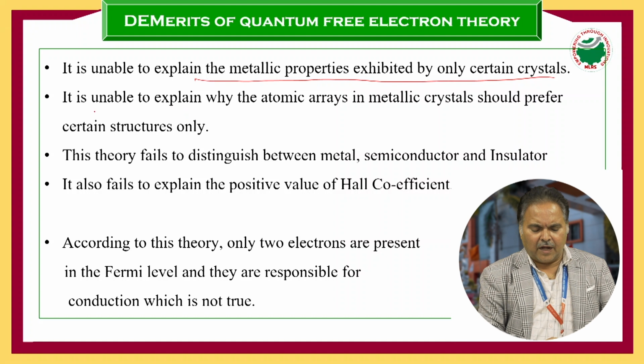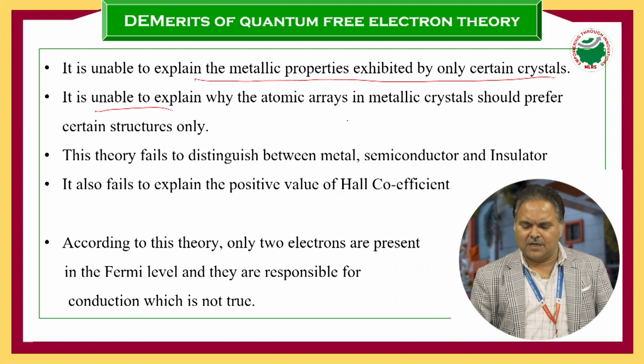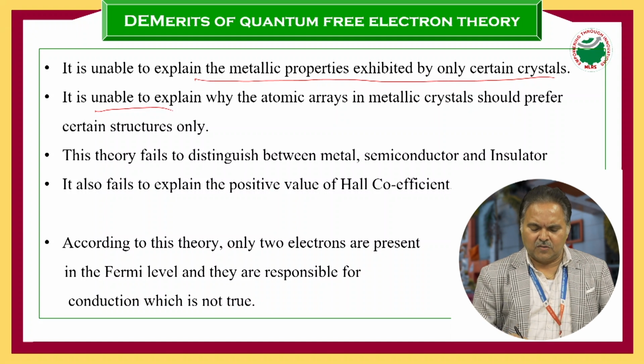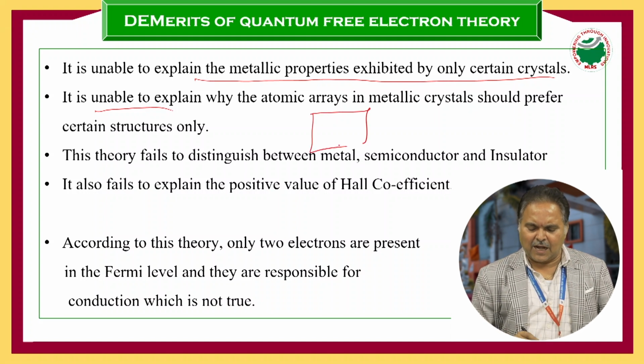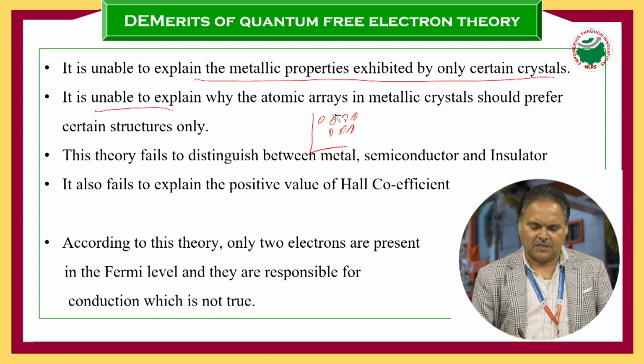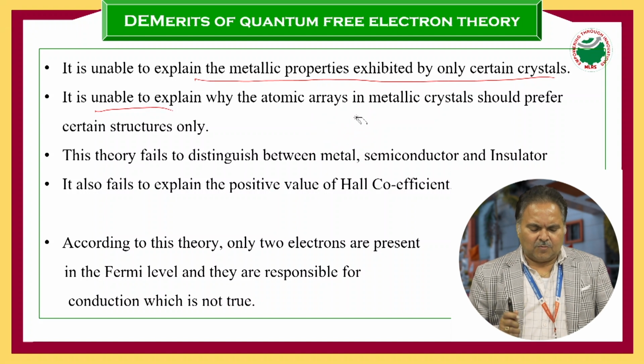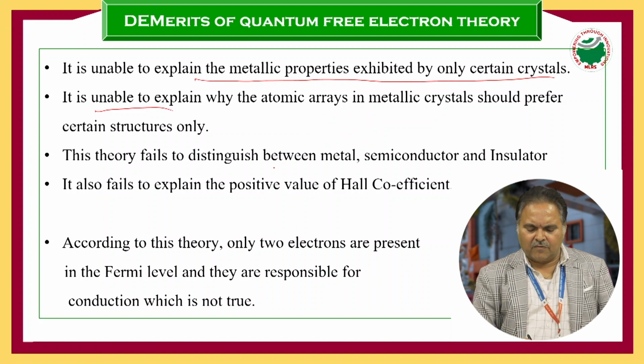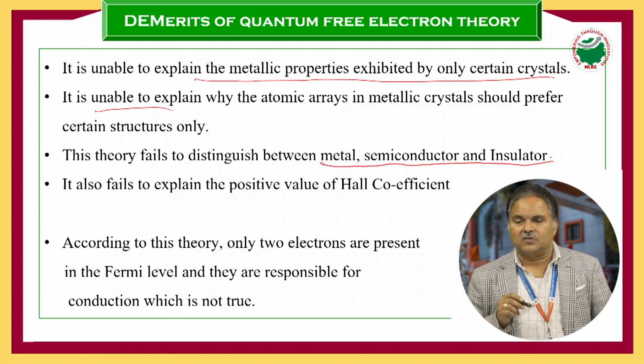It is also unable to explain the atomic arrays in metallic crystals. In a crystalline material, the atoms are arranged in a systematic way, and we cannot explain this according to quantum free electron theory. Similarly, it fails to distinguish, and this is a major one, between metal, semiconductor and insulator.